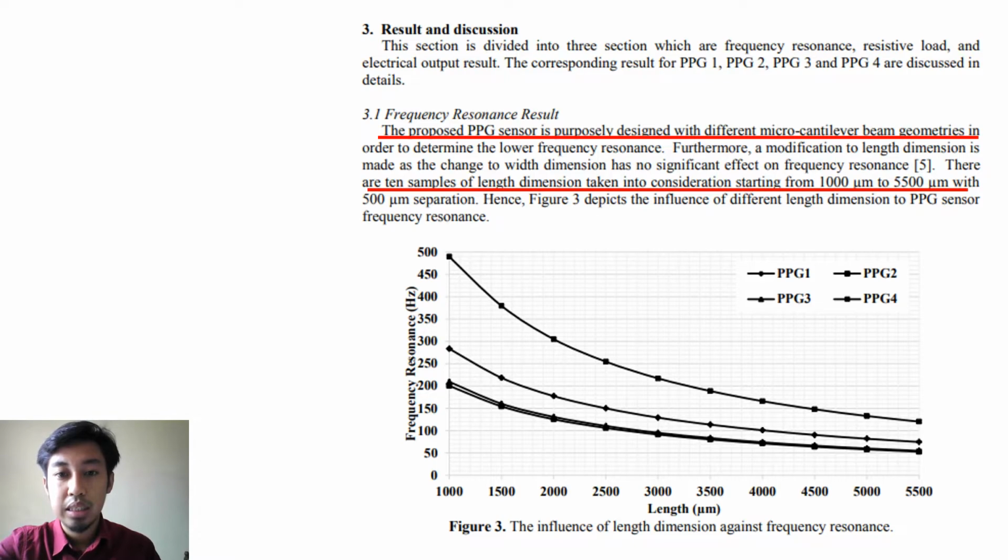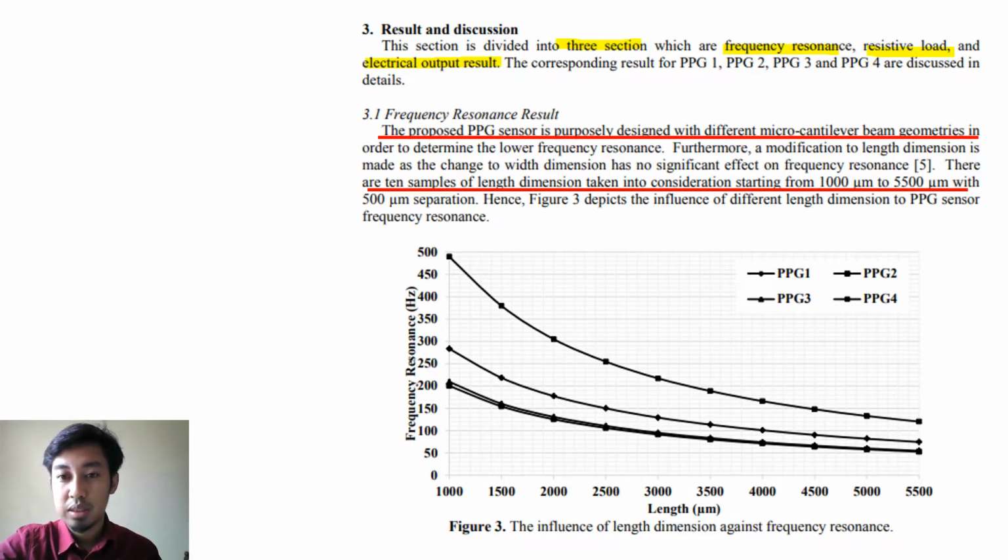This section is divided into 3 sections, which are frequency resonant, resistive load, and electrical output power result. So it is very clear, right? Once the reader reads, they understand this section has 3 results, which are frequency resonant, resistive load, and electrical output power.